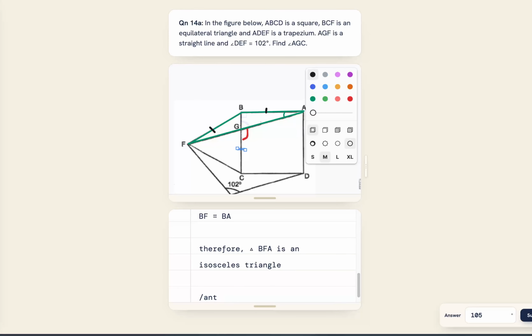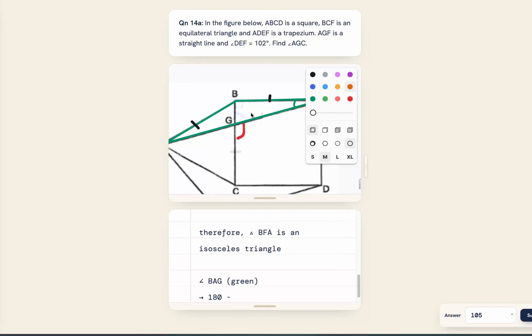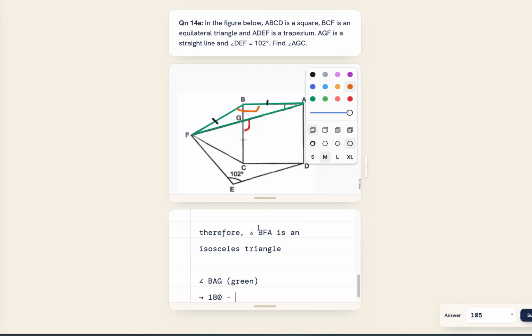So for the angle BAG in green, it's basically 180 minus this other angle, which I'm going to highlight in orange, angle FBA, and then we divide by 2 since it's an isosceles triangle. How do we get angle FBA?